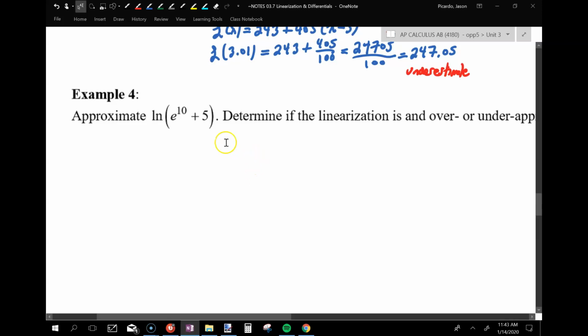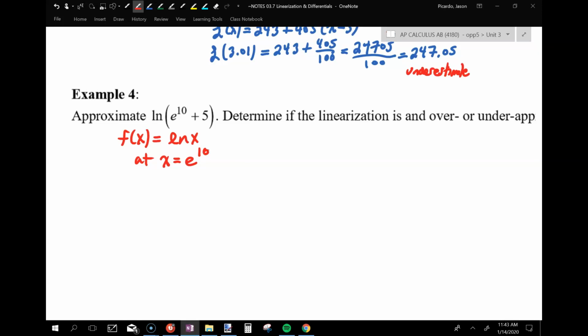So does this plus 5 really affect much of this? No, right? So here's the way that I would look at this. I'm going to say, okay, I want to linearize f of x equals the natural log of x at x equals e to the 10.